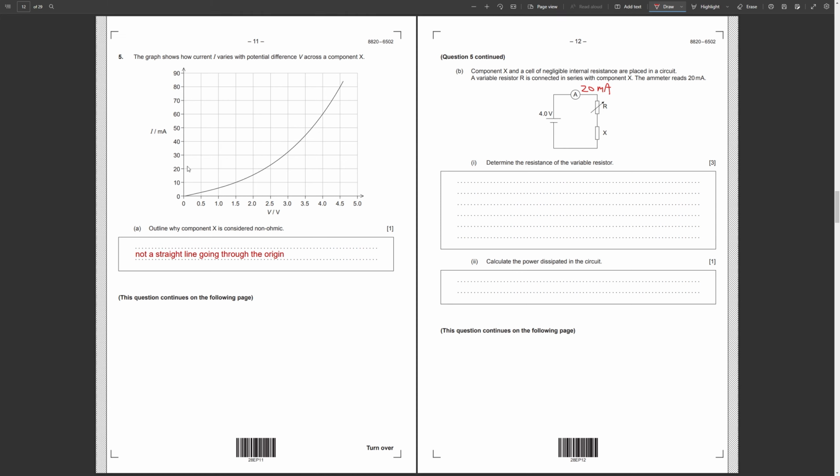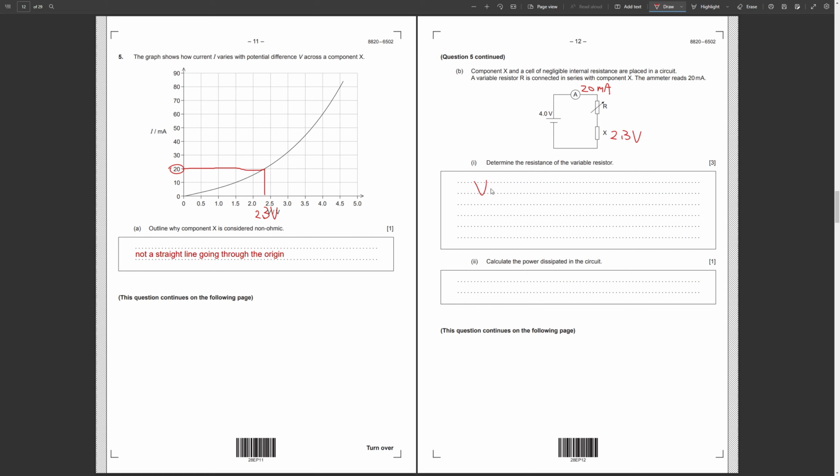Let's check the graph on the left to get the voltage of component X. When the current is 20 milliamps, the voltage is roughly 2.3 volts. So back to the diagram on the right, we write 2.3 volts here. And since everything on the right-hand side is connected in series, their potential differences should add up.